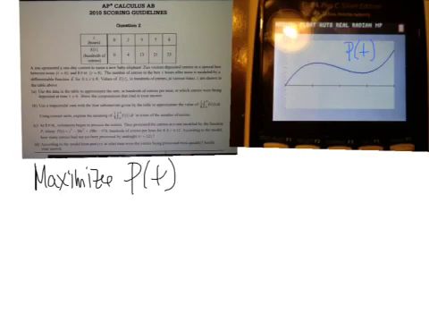We're trying to maximize when P has the most entries being processed at a time, right? So our goal is going to be, can we maximize P of t? And how would we go about maximizing anything? Well, according to our information about absolute extrema, so if you go back to Unit 4, Section 2, you learned how to optimize.